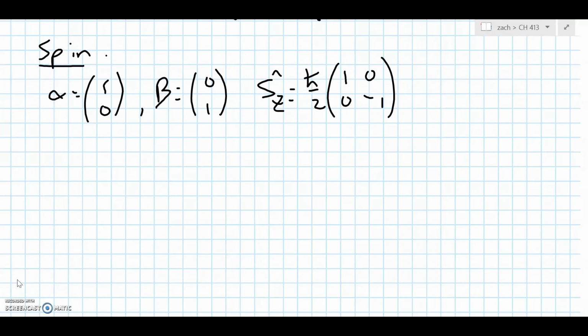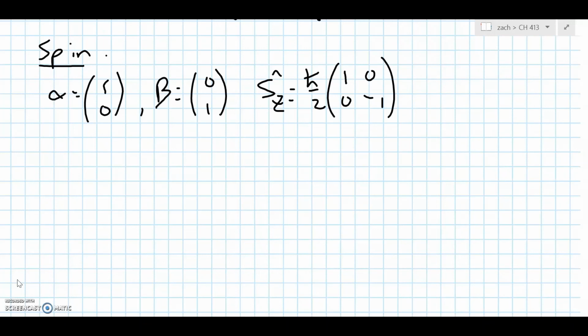So we know that operators can be represented as matrices. So that was mainly one of the reasons for the matrix introduction. So we consider a spin 1/2 system. And so we can either have spin up or spin down. We can think of this like a light switch. There are two states. You can have the light switch to be on or off. So in spin it's the same thing. We have the spin up and spin down. These are alpha and beta respectively.